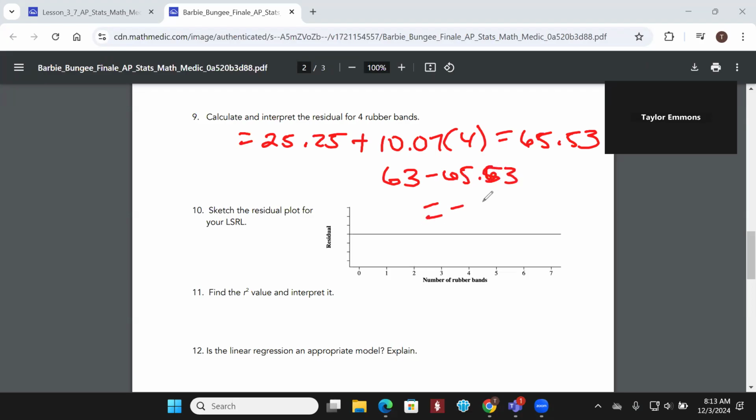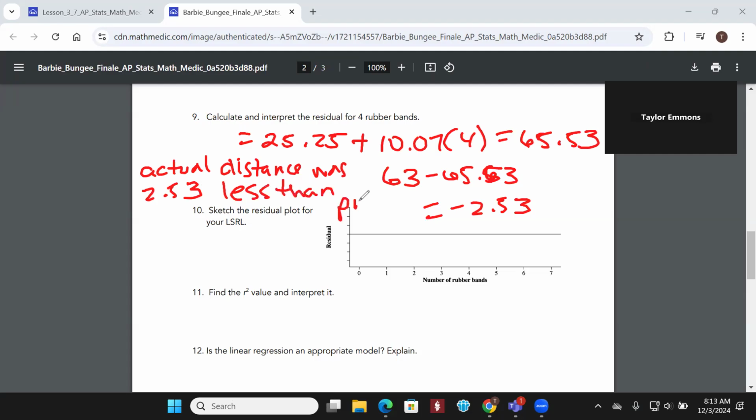And that gives me a residual of negative 2.53. Your data is going to be different than my data. So the actual distance was 2.53 less than predicted.